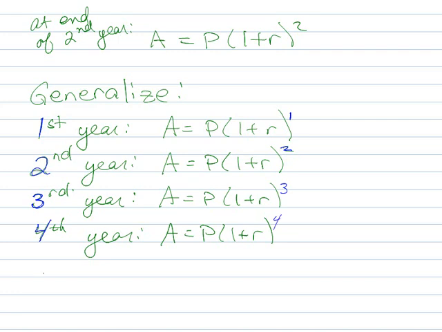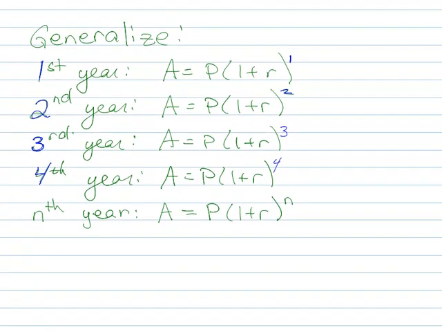Good. All right, so if we're going to generalize, I'm going to say at the nth year. So nth is just a word like first, second, third, fourth, just like, you know, nth. At the end of the nth year, I would have A equals p times 1 plus r to the n. All right, so now you have a formula.